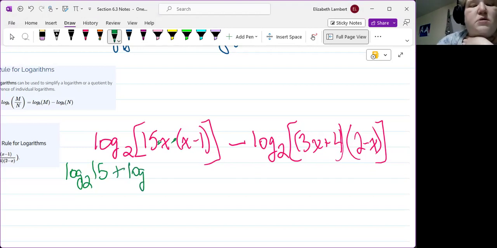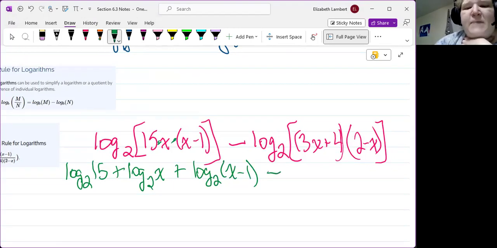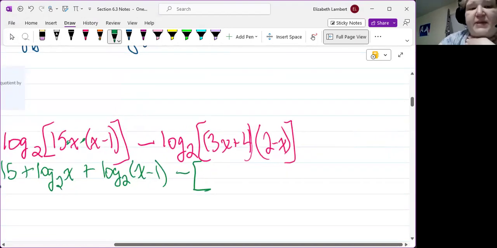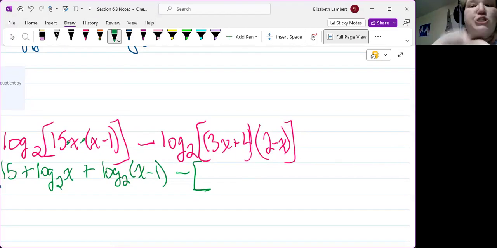Plus log base 2 of x plus log base 2 of x minus 1, minus, I'm going to put some big brackets around this next part because this minus is applying to this whole logarithm, but now we're about to split that into 2 logarithms with an addition in between them because it's a product right now. But this minus sign is going to end up being distributed through that sum we're about to write.